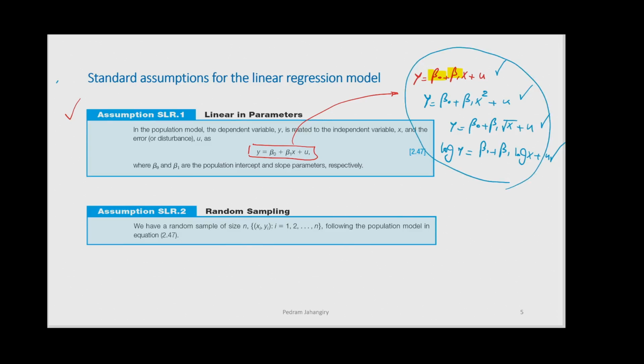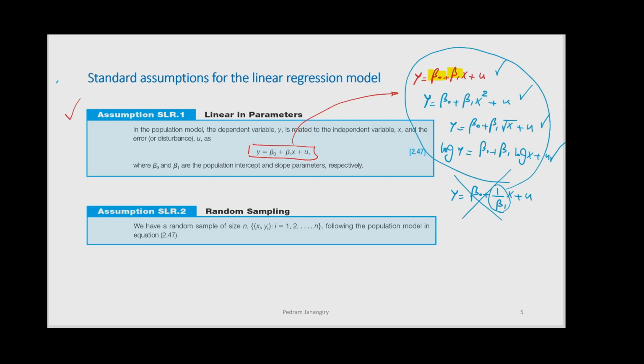What is an example of a model which is nonlinear in parameters? Okay, look at this one. y is equal to beta 0 plus 1 over beta 1 x plus u. This model is nonlinear in parameters, so it's a violation of assumption number 1. Why do we need this assumption?